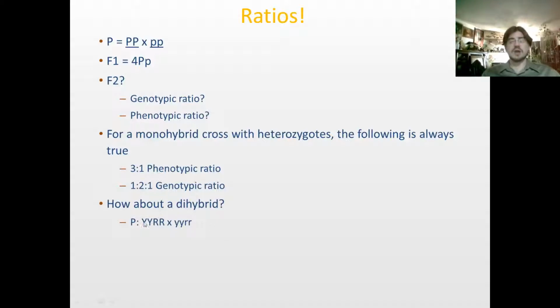Well, here's our true breeding parental generation, getting our F1 heterozygous for both, crossing the F1s, producing an F2 that is, well, we just did it, always a 9 to 3 to 3 to 1 ratio.